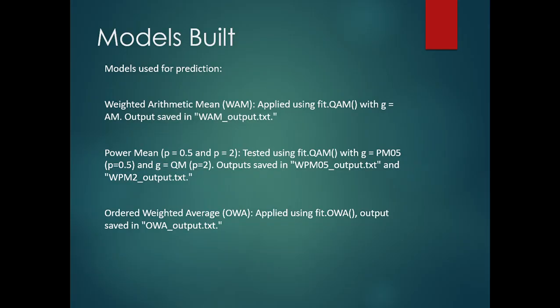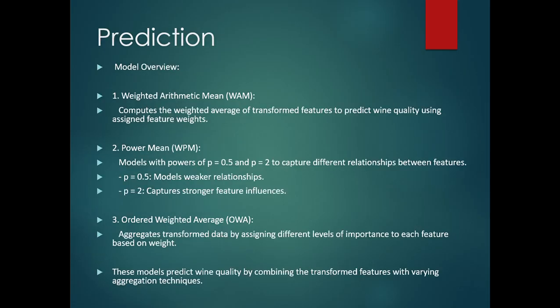The different models we have used are weighted arithmetic mean, power mean with powers 0.5 and 2, and ordered weighted average. In WAM, it computes the weighted average of transformed features to predict wine quality using assigned feature weights.